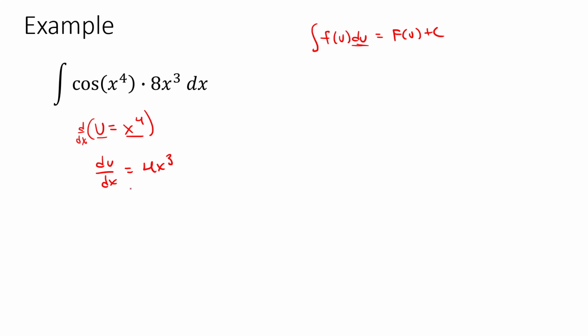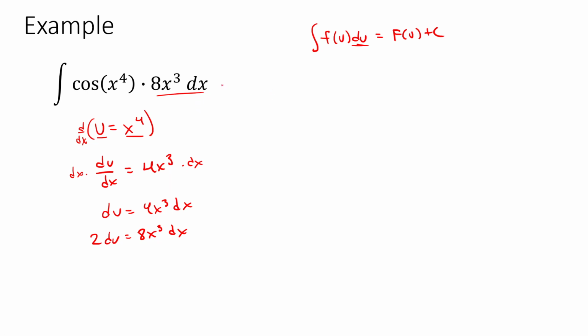So we just need to manipulate this a little bit. First of all, I'm going to get the dx over, so I'm just going to multiply both sides by dx. And then I'm going to multiply both sides by 2. All right, 2 times 4 is 8. Oh, okay, now it matches.